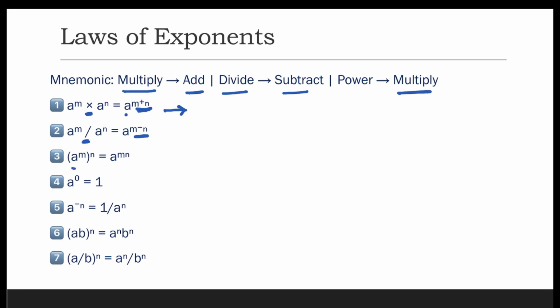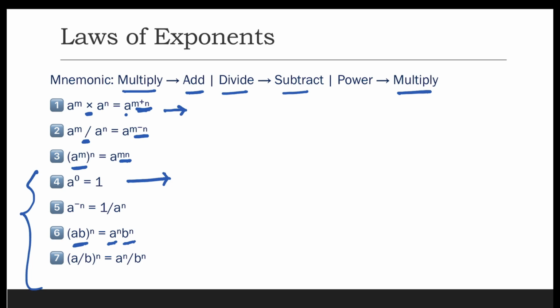Now power, a to the power m whole to the power n, and what we have done is multiply the powers. Rest, whatever formula you are looking at, is just generic exponents. You might have already heard about it. A to the power 0 is 1. If there is a negative power, it becomes 1 by that power. If there are two base numbers, that power would be a to the power n and b to the power n.